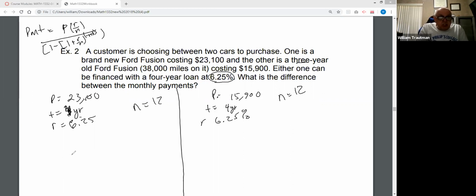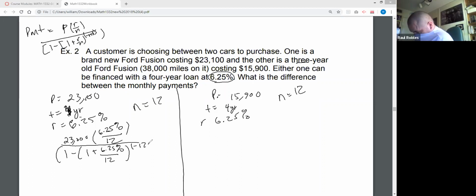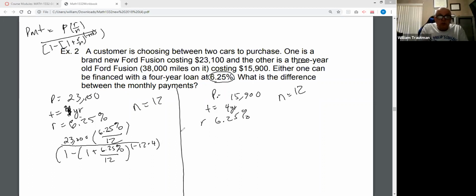All right, so the principal here was 23,000 on top of the fraction times R, which is 6.25%. R is always the percentage interest rate, divided by N, which is 12. On the bottom, we have 1 minus 1 plus R, 6.25% over N, which is 12, raised to the power of negative N times T, which is 4.